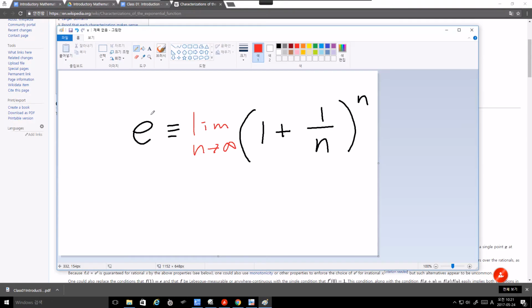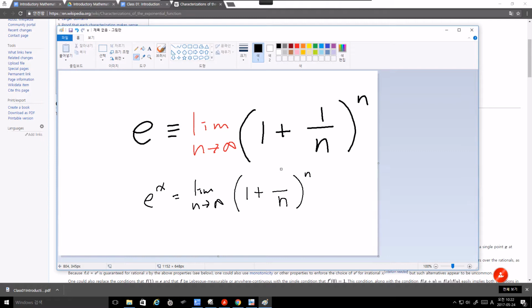So basically, e to the power of x is lim n to the infinity (1 plus 1 over n), but here instead of 1, let me delete this one.